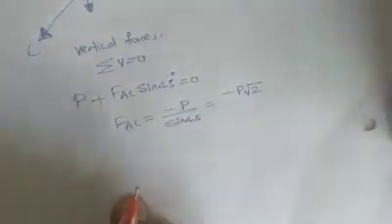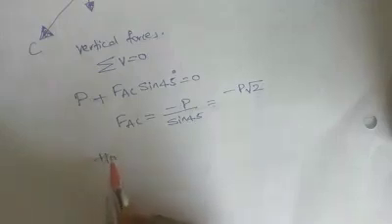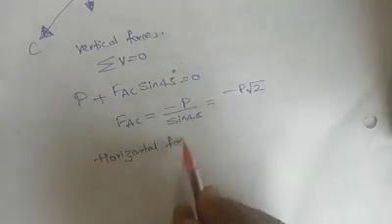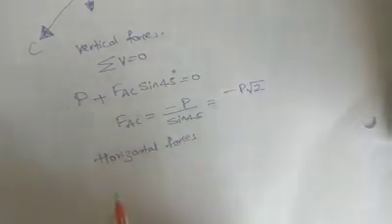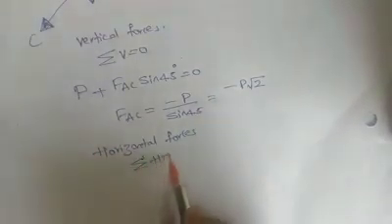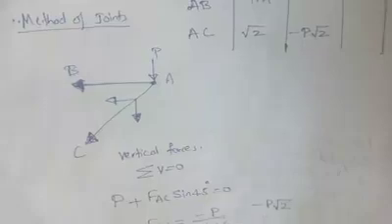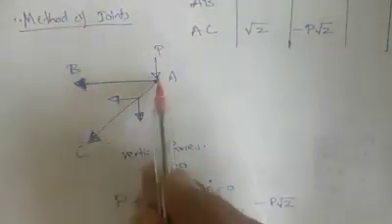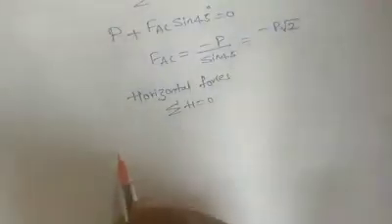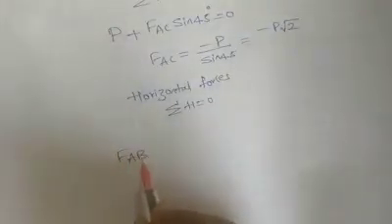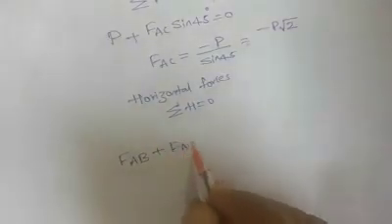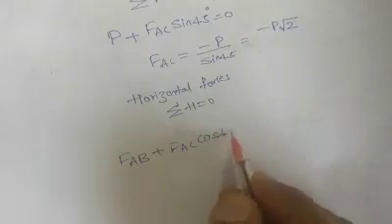Again, horizontal forces. Summation of horizontal forces is equal to 0. So what is the horizontal? We are having FAB and FAC cos 45. FAB plus, same direction, FAC cos 45 degrees.